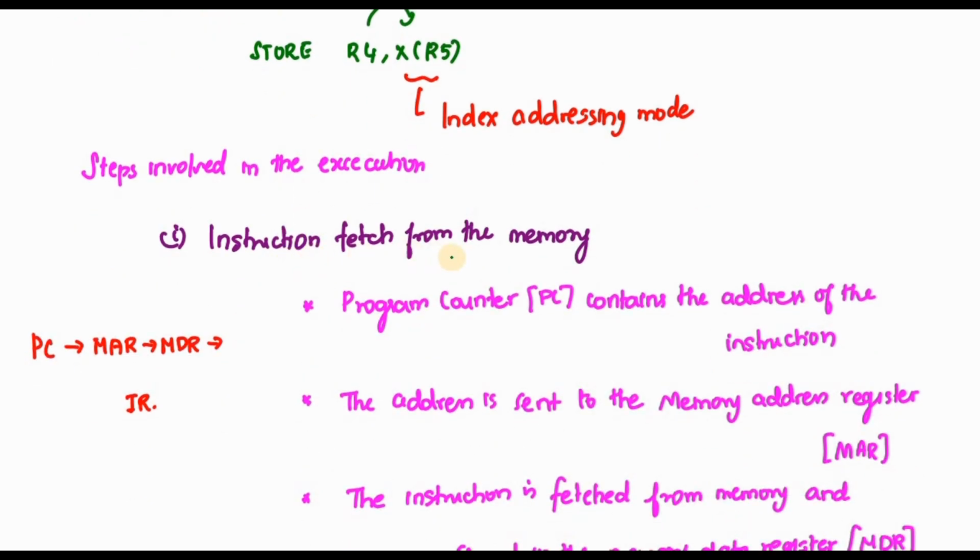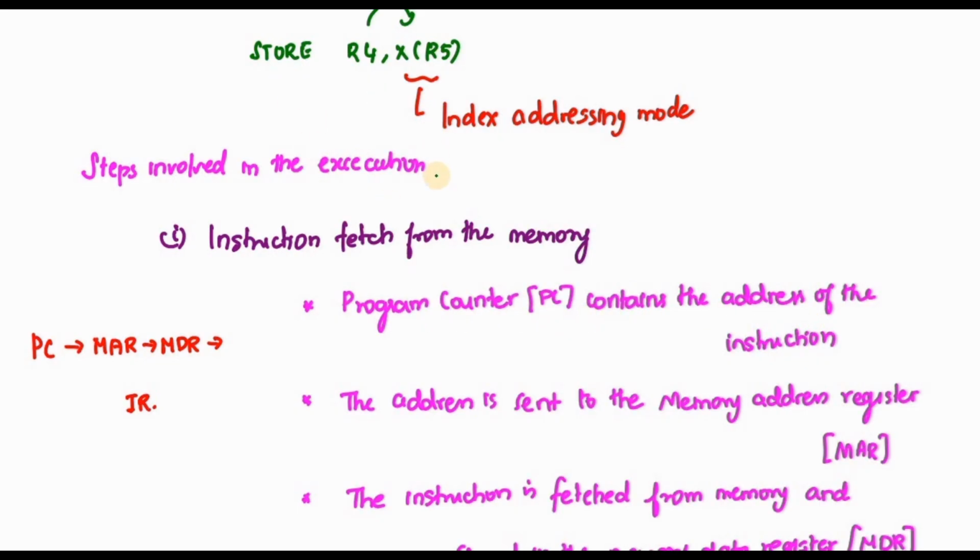The steps involved in the execution of this instruction: the first one is instruction fetch from the memory, which is similar to the load instruction. The address of the store instruction is determined by the program counter.